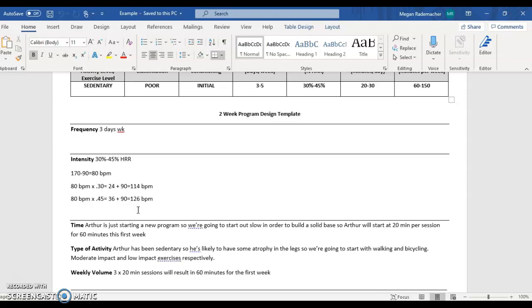So remember back in the lecture, I spoke a little bit about having your client do an impact-based exercise and then a non-impact based exercise, especially if they were starting out, because we want to develop an orthopedic tolerance to stress level from exercise.